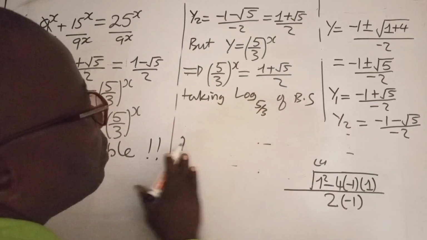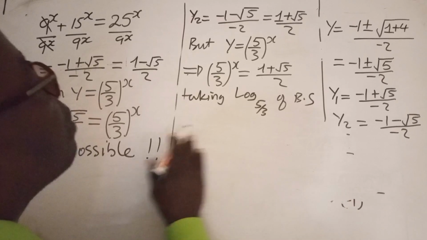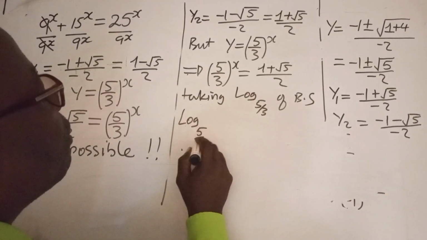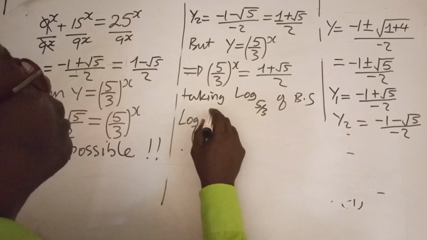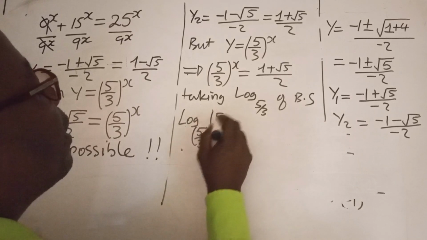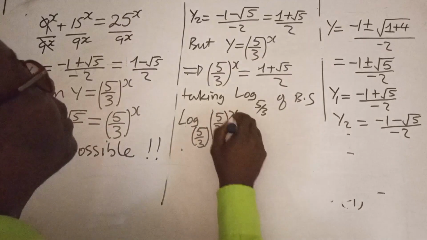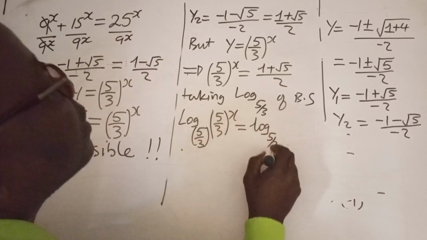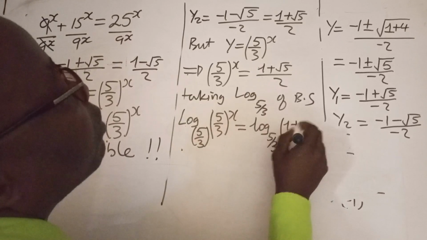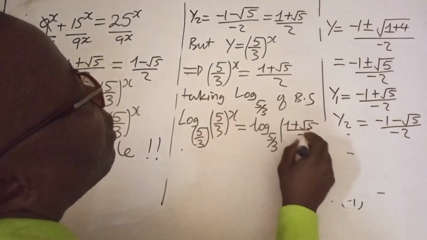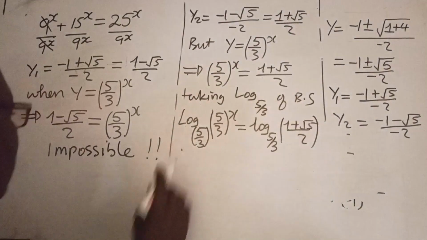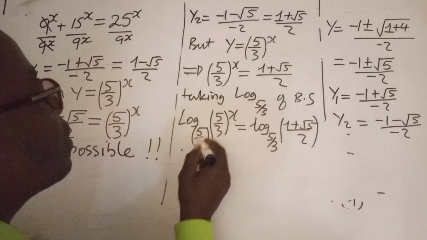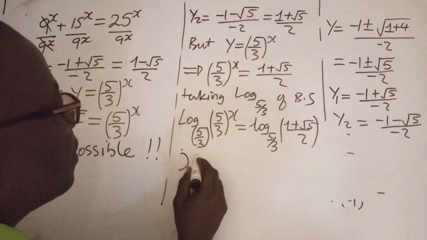Now let's do that and see what we get. We're going to have log to the base 5 all over 3 of 5 all over 3 to the x is equal to log to the base 5 all over 3 of 1 plus root 5 all over 2. You can see when we apply the rules of logarithm, this is simply x.